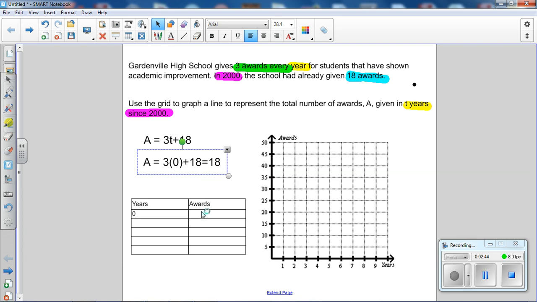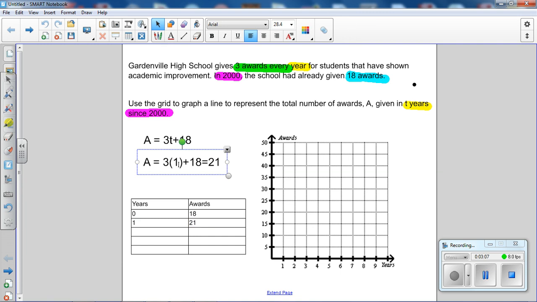So in year 0, I will have 18 awards. What happens the next year? In year 1, I will have 18 plus 3, which is 21 awards. So my table looks like this: year 1 would be 21.